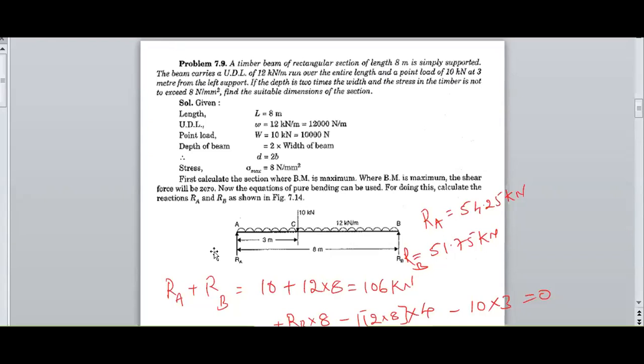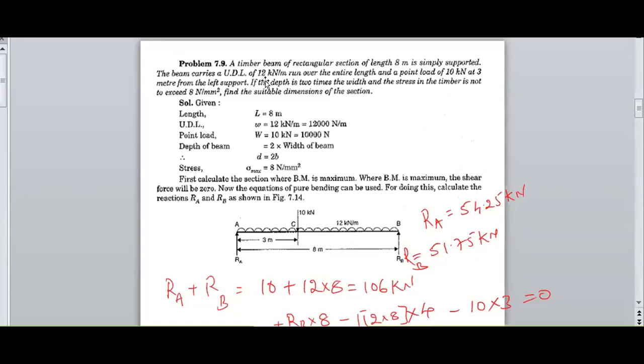So this is the left support. A point load of 10 kilonewtons is acting at 3 meters from the left support. And he has given that the depth is twice the width.